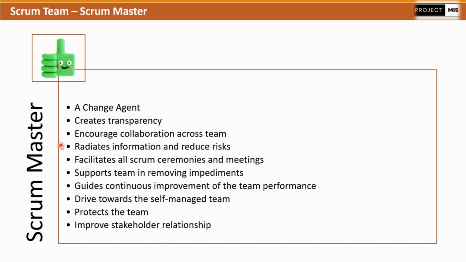If we have that information and we know that this is going to cause some kind of issue with our work, then the sooner we discuss this with the other team members and Scrum Master or anyone else with whom you are comfortable, the better. You have to discuss that. If any such information is with the Scrum Master, then definitely the Scrum Master's role is to radiate that information to everyone in the Scrum team so that the team can work on the risk management and can reduce the risk.